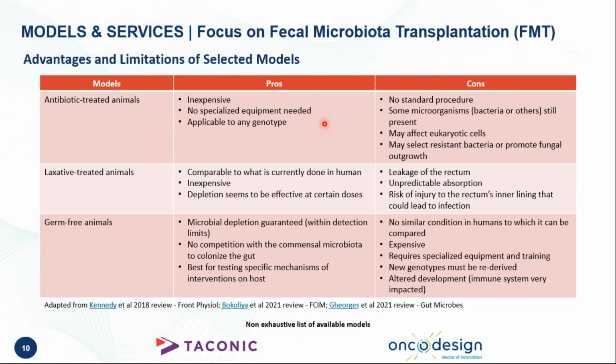For sure, different considerations come into play when designing an FMT experiment, such as translatability and also the cost. Some models, such as germ-free animals, require specialized and expensive equipment and training, in contrast to animals treated with antibiotics and laxatives that are inexpensive.